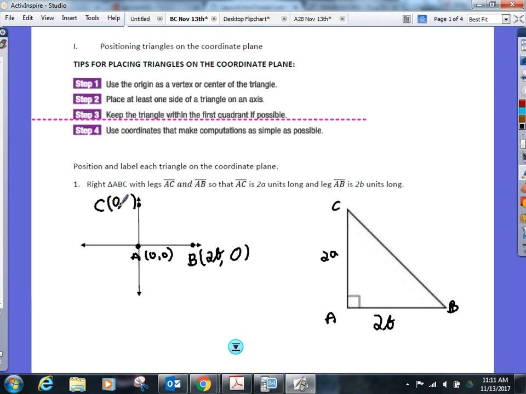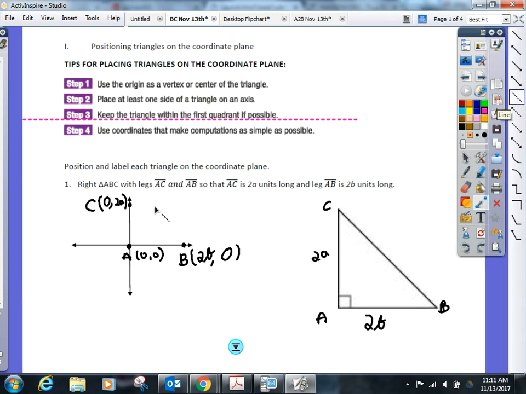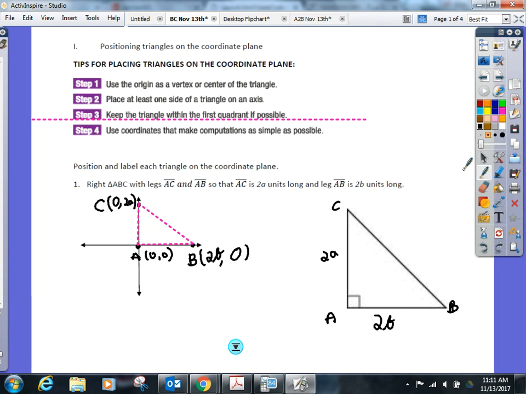And then, how long does AC have to be? 2A, so I need to go up a distance of what on the y-axis? 2A on the y-axis for a coordinate of (0, 2A). And there is my right triangle, ABC, with the requirements already satisfied. This is a length of 2B. This is a length of 2A.